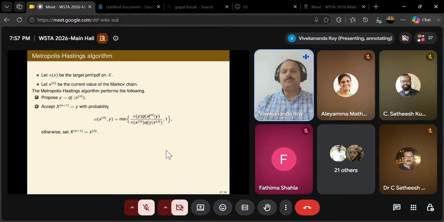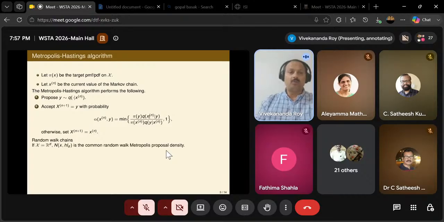Now, it turns out that under very mild conditions on this proposal q, this results in a stationary Markov chain with this target pi as the stationary density. Okay. So I have not mentioned these mild conditions, but you can basically choose arbitrary q. So that means by varying q, you are getting different valid Markov chains, different valid MCMC algorithms.